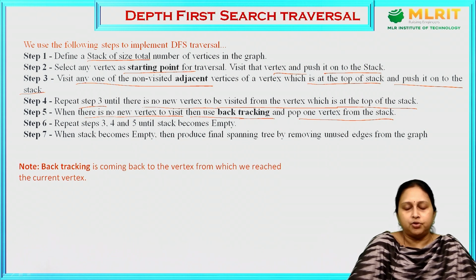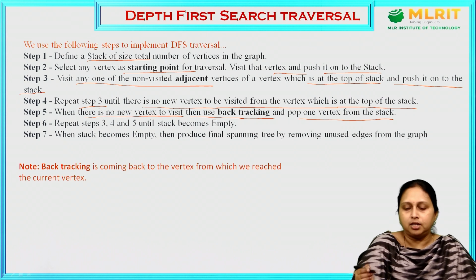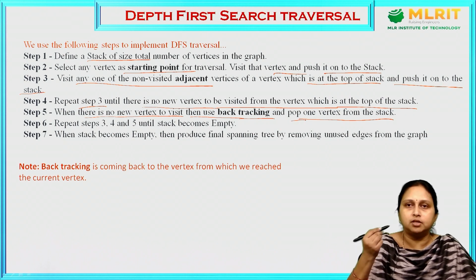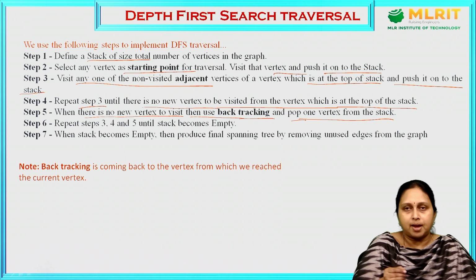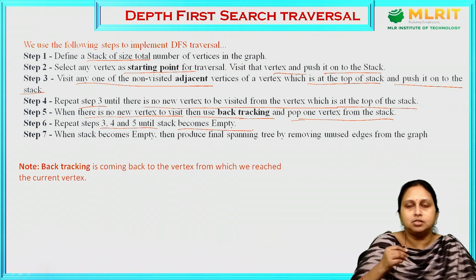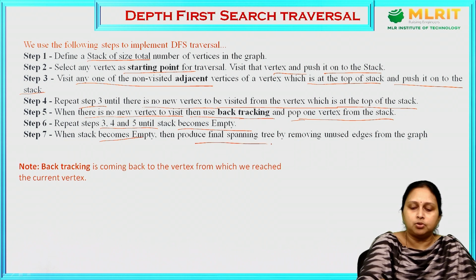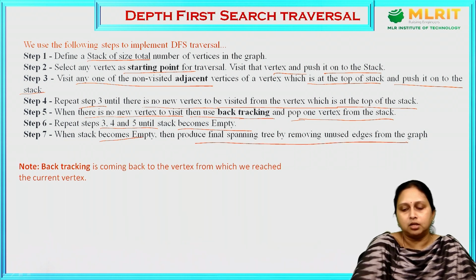If you don't find any new vertex, then we need to come back and backtrack our visiting, and in that case we pop that vertex from the stack. When you are backtracking, you remove that vertex from the stack, and then we move again. Repeat steps 3, 4, 5 until the stack becomes empty. In this case also, the stack has to become empty, until then we repeat this process. When the stack becomes empty, produce the final spanning tree by removing unused edges from the graph.